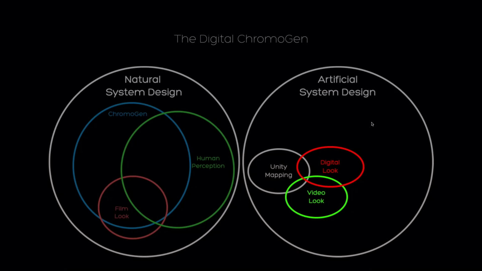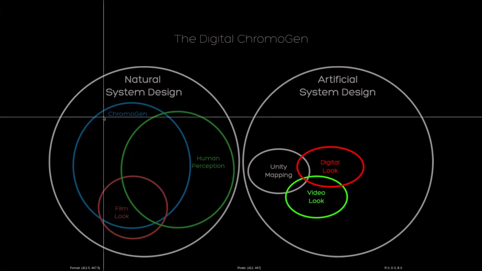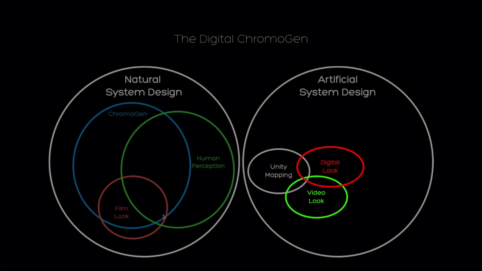So I think this is a natural evolution, replicating a natural system, which is the human visual system. So in a very abstract way, what we found is a collection which is natural system design versus artificial system design. And in there, we designed a system which can emulate some of the film looks quite well. Not all of them. That's why the overlap is not 100%. Yeah, we are realistic.